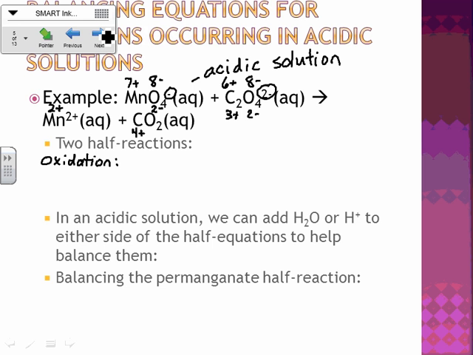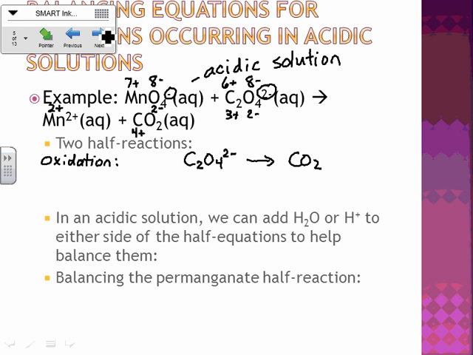The carbon is starting out as 3 plus going to a 4 plus, so it is losing electrons. The way we're going to write this, and leave yourself some room here because we may have to add things to both sides: C2O4 2 minus yields CO2. And these are both aqueous.